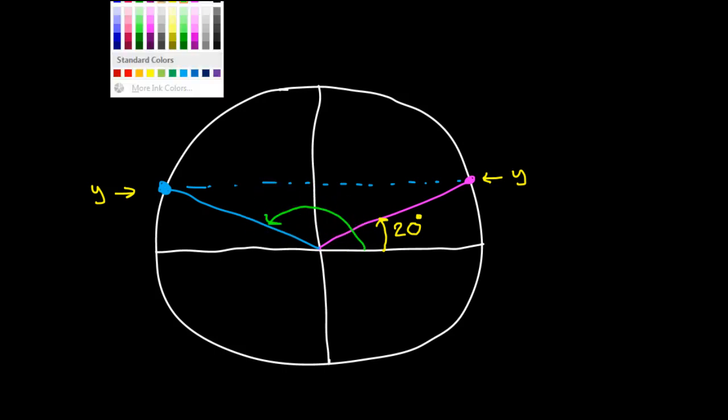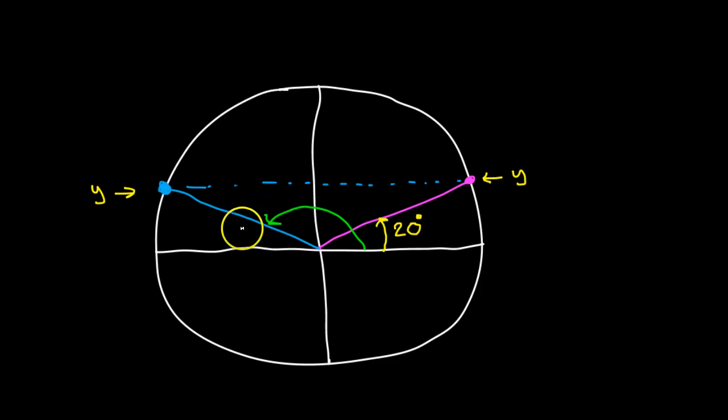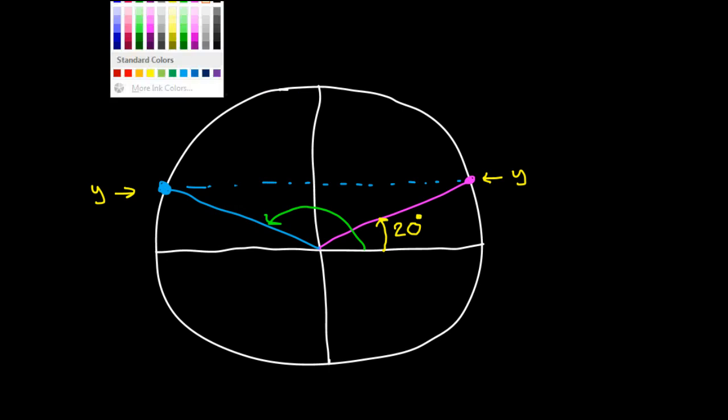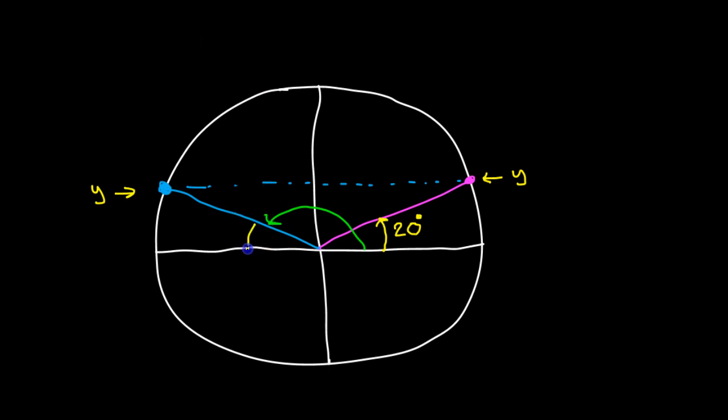Now, the only way this angle is going to have the same height is if this is also 20 degrees down here. If this is 20 degrees, this is also 20 degrees away from the x-axis. But I don't want this. I want to know what this green angle is.